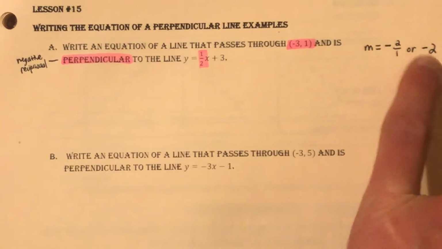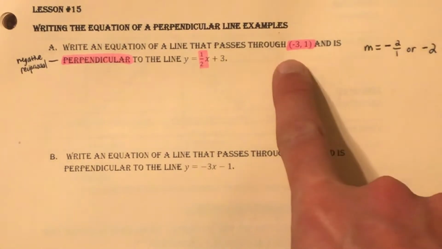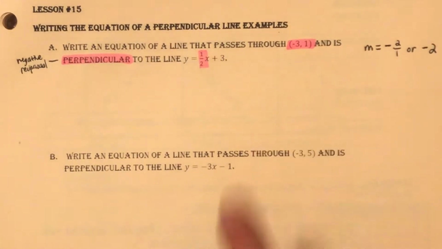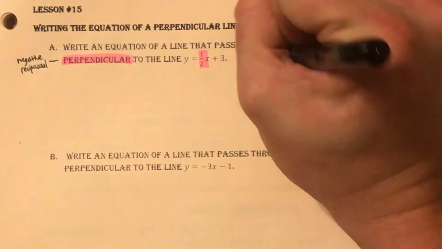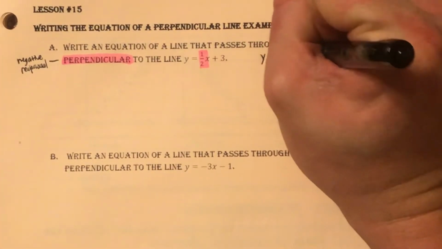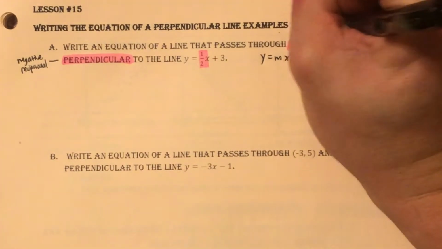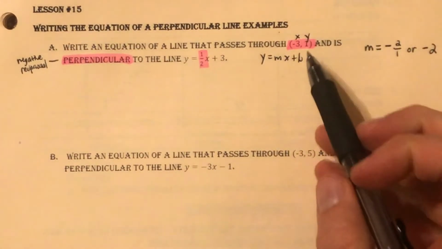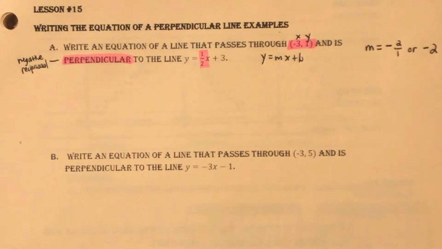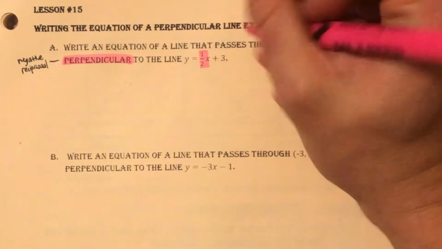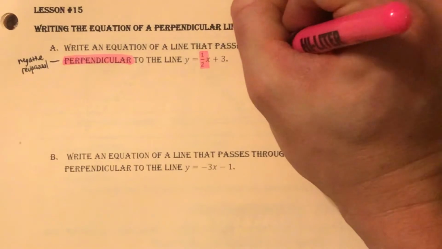So then I need to take this information along with the point and plug it in to y equals mx plus b. So again, this is an x and this is a y coordinate. I'm going to plug it into the appropriate spots. So I need to plug the x in here, the y in here.